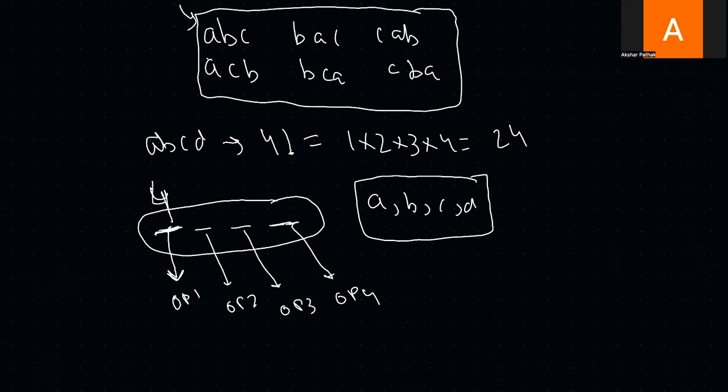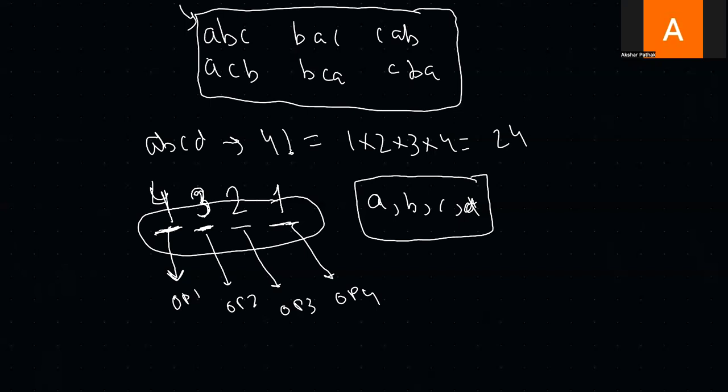Now, how many ways are there to fill this second box? You already chose one of these 4 items. It could be A, B, C, or D, I don't know, but you chose one. So how many are you left with? Only 3. So the number of ways to fill this box is 3 only, because you already chose one here. And similarly, the number of ways to fill this is 2, and the number of ways to fill this is 1.